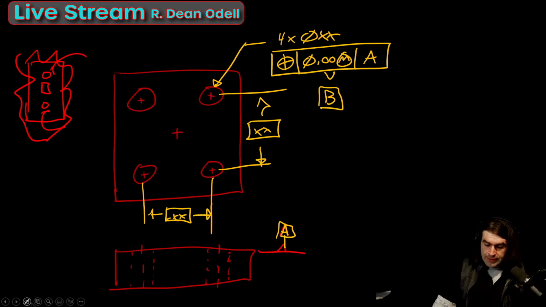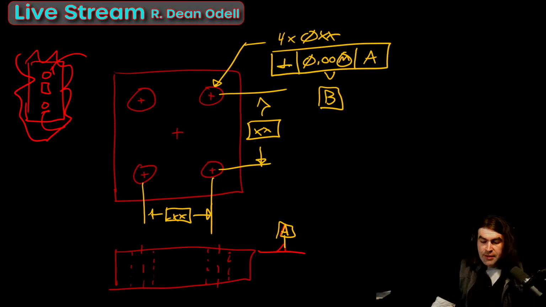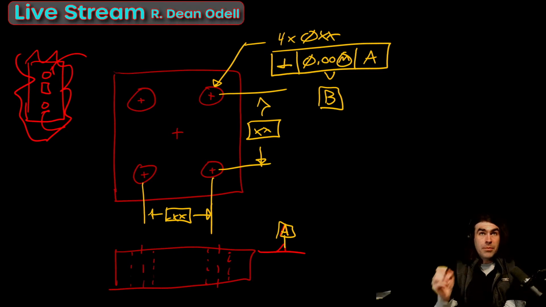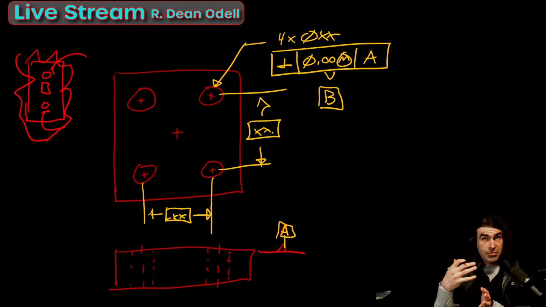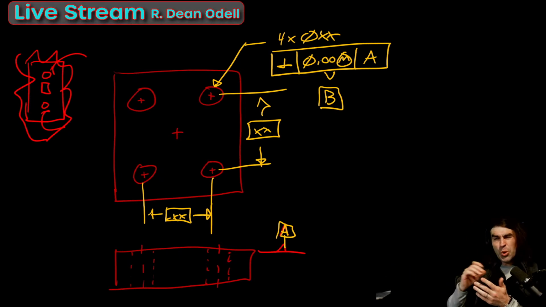So if I said perpendicularity instead of position here, all of this basic dimension with the holes doesn't matter, right? Because perpendicularity has no effect on that. It's just each hole needs to be perpendicular, but it could be anywhere. It's typically controlled locationally with plus or minus dimensions, but we don't have those here. We have basic dimensions. So we've got to use position, right?